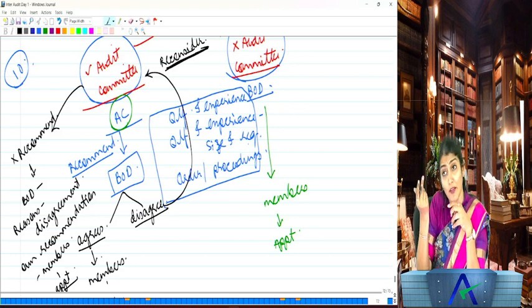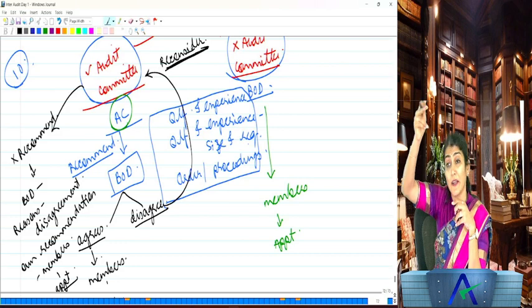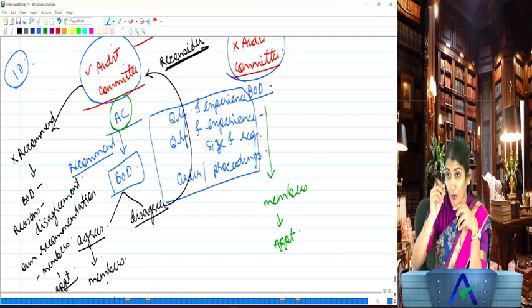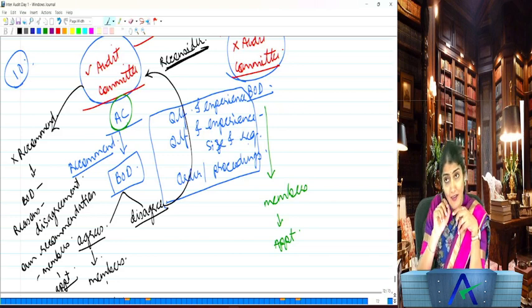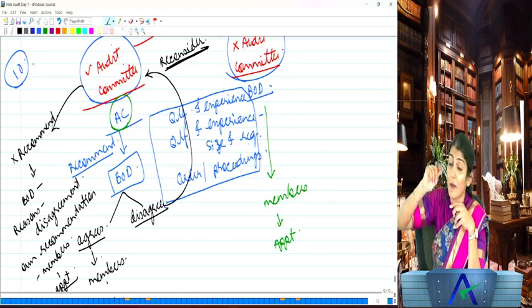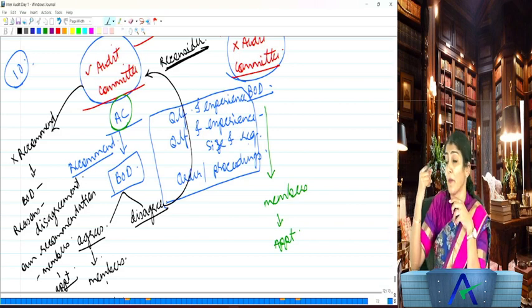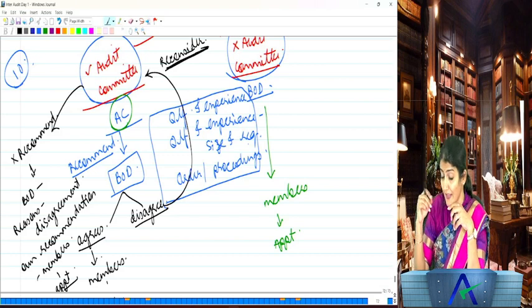However, if the board disagrees with the recommendation, they will cite back the matter to the audit committee for reconsideration. But audit committee does not reconsider. Then the board will record the reasons for the disagreement. The board will record that we are not agreeing with the recommendation, and they will pass on their own recommendation to the members, and then the members will appoint the auditor. Are you understanding that? Okay.